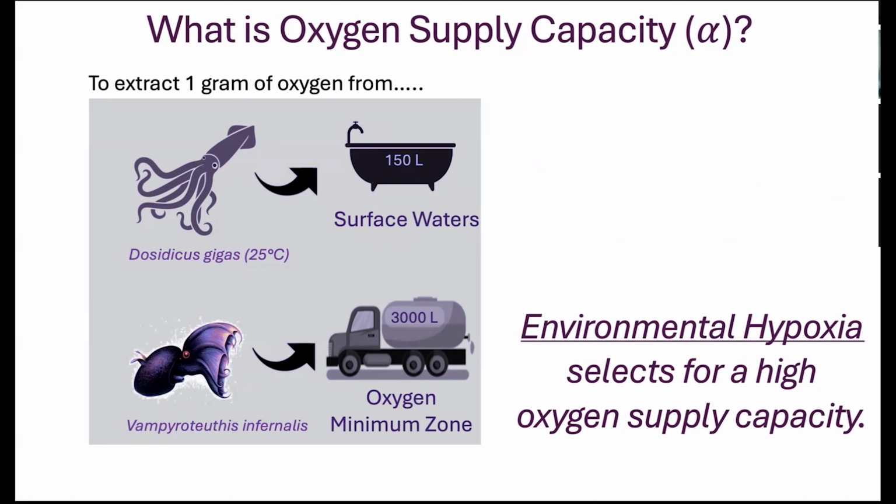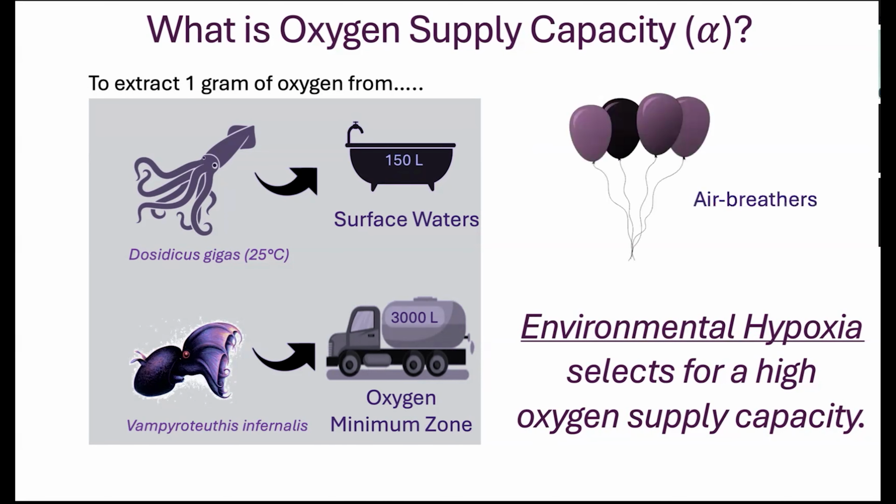And the vampire squid would have to process about 3,000 liters of water to get that same 1 gram of oxygen. So environmental hypoxia selects for high oxygen supply capacity as well. Just for comparison, an air breather could extract 1 gram of oxygen from a very small volume of air. Yet they still get oxygen limited below a partial pressure of 21 kilopascals air saturation.